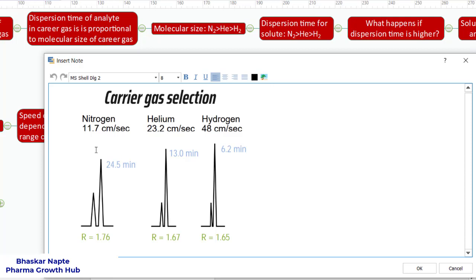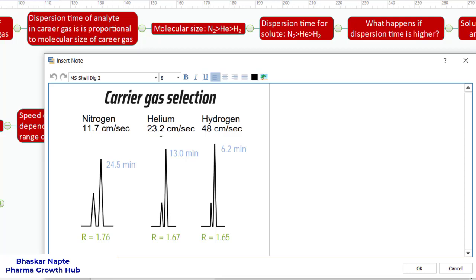Why are these chromatograms made with different speeds? One is nitrogen with 11.7 centimeter per second, then helium at 23.2, and hydrogen at 48 centimeter per second. Now, if you look at the resolution, all these chromatograms result in almost similar resolution. Nitrogen with 11.7 centimeter per second gives 1.76 resolution.